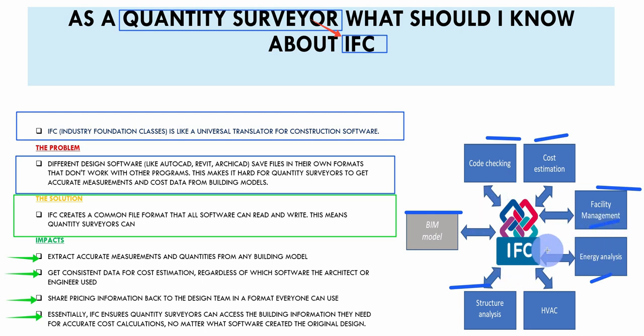Then you ask for it, you get it, then you can go and use it effectively. By concluding with this, you have to know and understand that it's your right to ask a designer to give you an IFC file, in case they have it, so you can access much more information which you cannot get on the 2D.